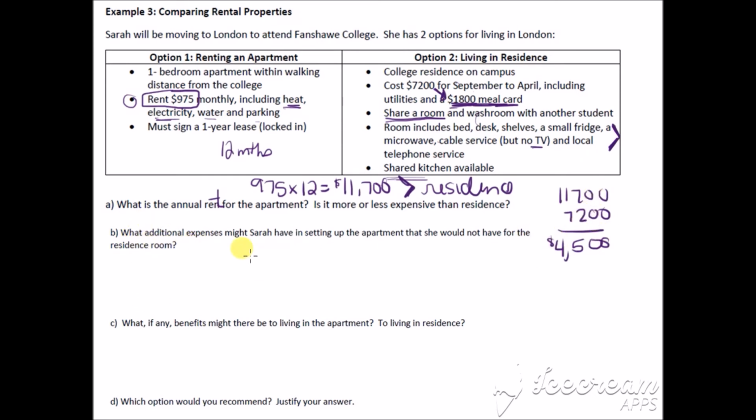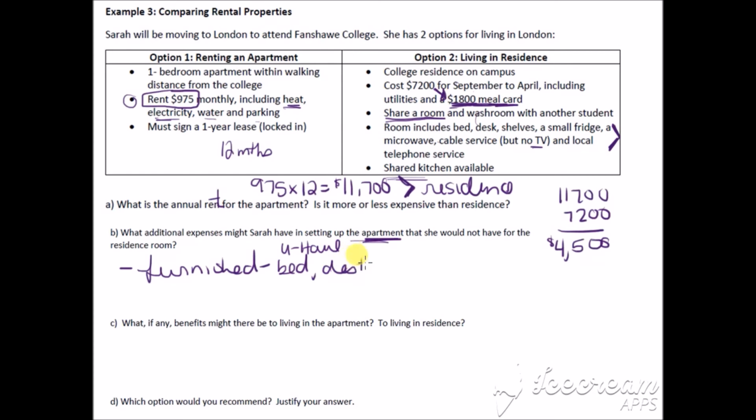Okay, what additional expenses might Sarah have in setting up the apartment that she would not have for the residence? Well, if you take a look at the apartment and what's included, it's not furnished. So she would need a bed. She would have to pay for a U-Haul, right, to get her bed there.